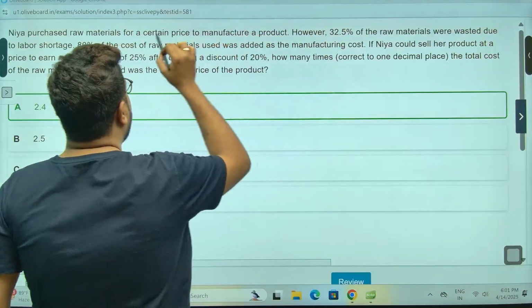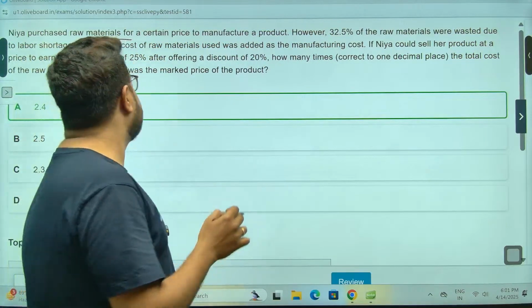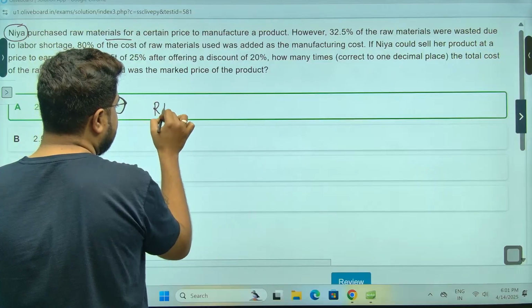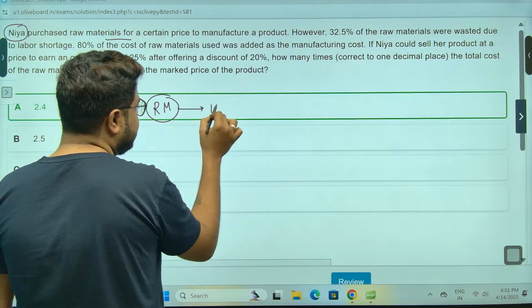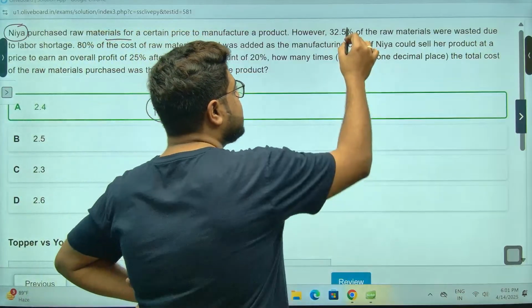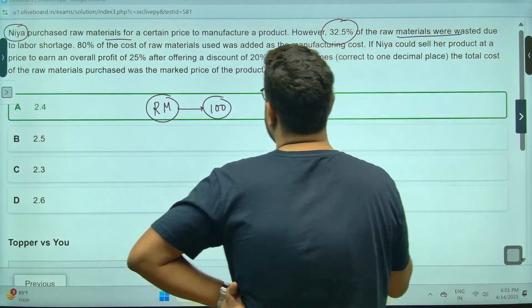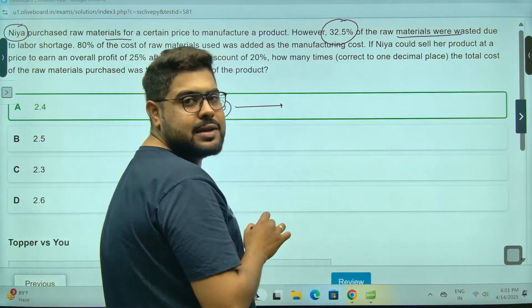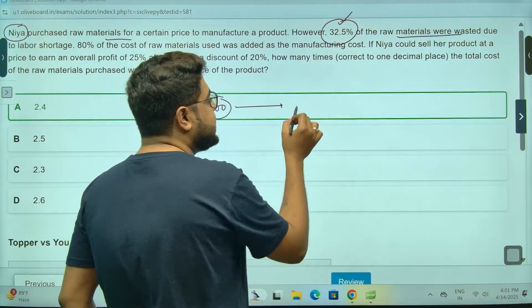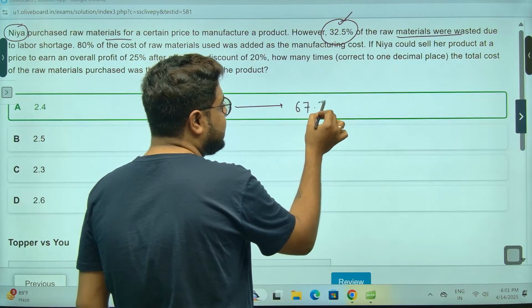So the raw materials that Ria has purchased are of 100 rupees. However, this much of the raw materials were wasted. So how much was used? 100 minus this much percentage, that is 67.5%.